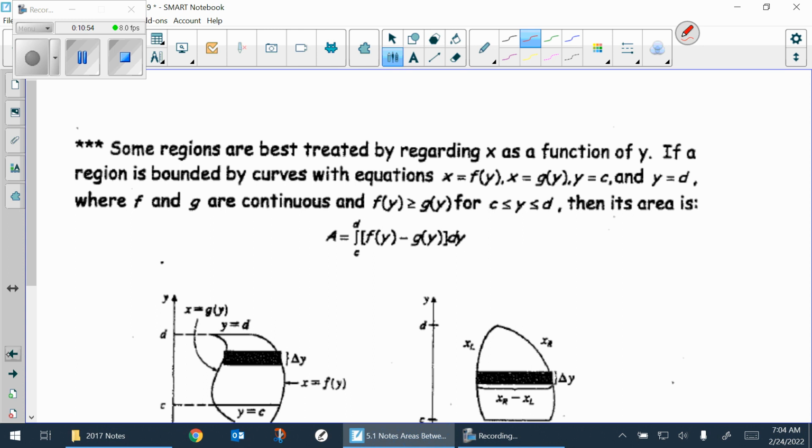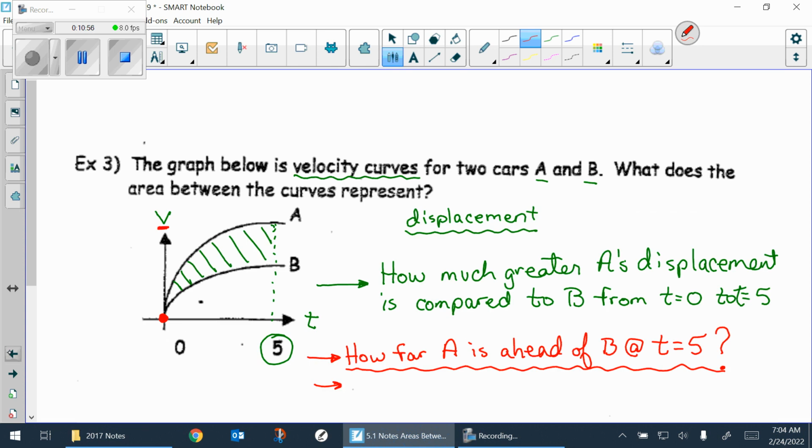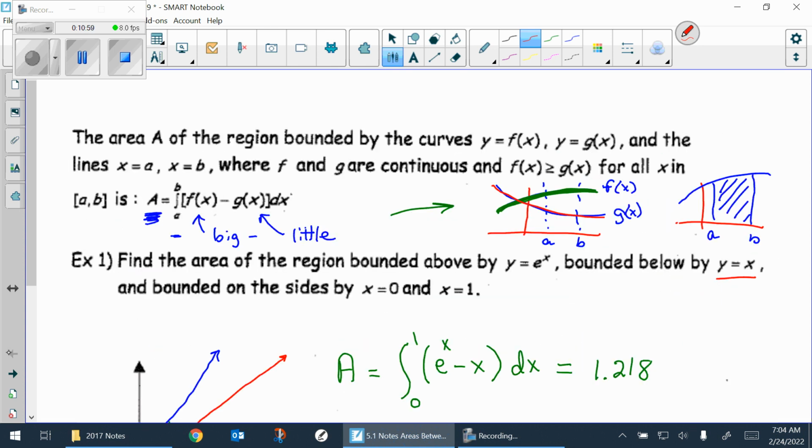Now, let's look back at some things here before we get to slide 4. Everything we've done so far, we have had integrals in terms of the variable x. Whenever we have a y equals some equation involving x, everything is going to be in terms of x as we set up our integrals.